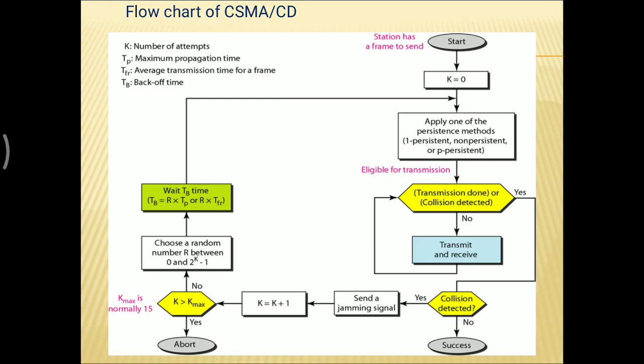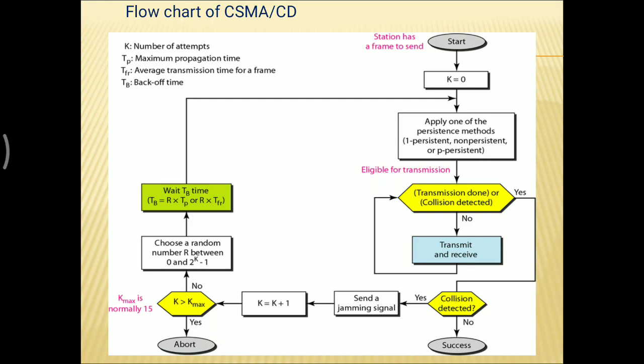This is about CSMA/CD. In CSMA/CD, a station is ready with the frames. Compulsorily, it verifies whether the channel is idle or not. If the channel is busy, there is no possibility of sending data, and it compulsorily persists back by applying three possible strategies: p-persistent, 1-persistent and non-persistent.